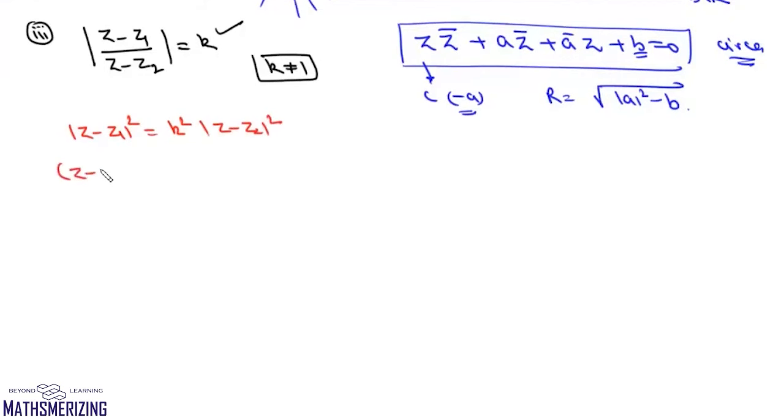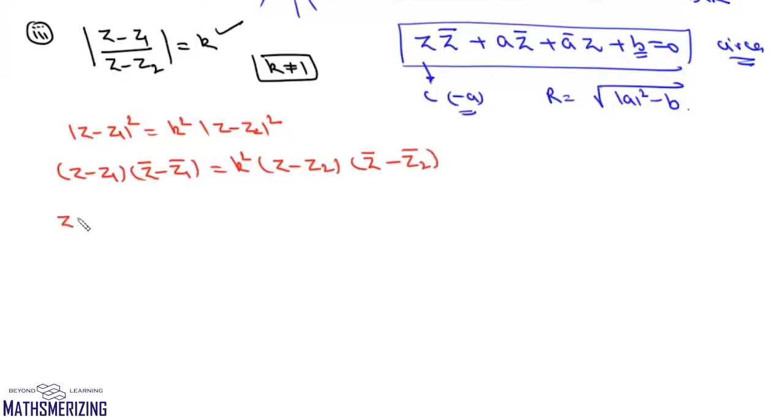Now this is (z − z1)(z̄ − z̄1) = k²(z − z2)(z̄ − z̄2). Now we multiply it.